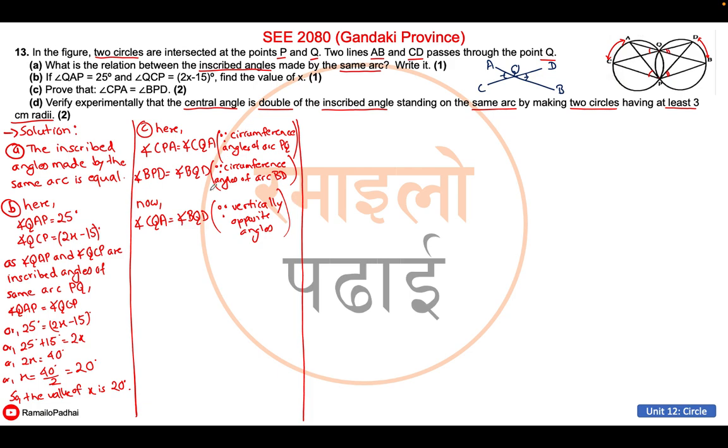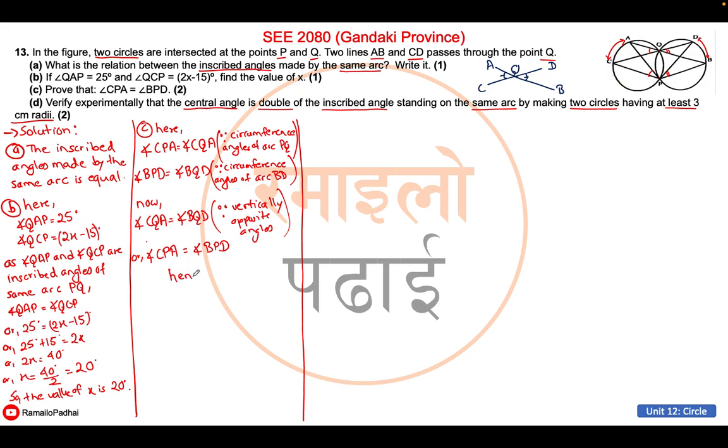So CQA is equal to CPA. So we will write angle CPA is equal to BQD is equal to BPD. Angle BPD. This is what was required.